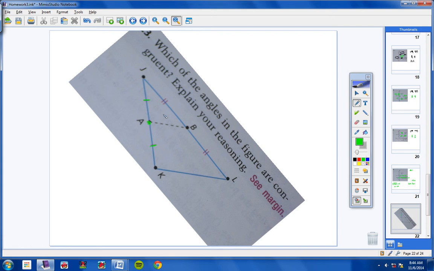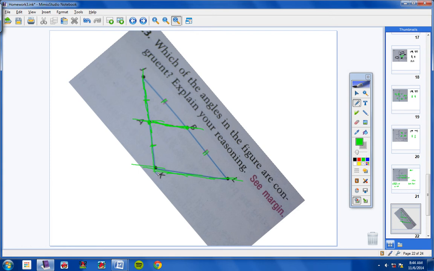And notice the segment here is congruent to the segment here. So we have a midpoint. Okay, so if we have a line connecting two midpoints, then the segment here is called a mid-segment. Okay, so if it's a mid-segment, then we know that this line here is parallel to this line here, right? So we have two parallel lines cut by a transversal.